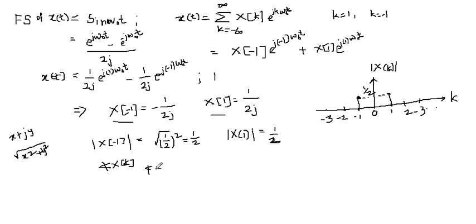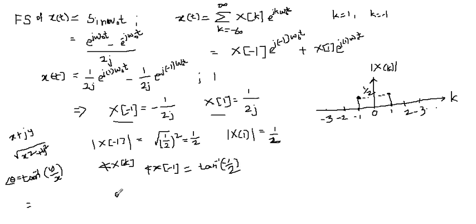Let's say we talk about X of minus 1. The angle of X of minus 1 can be written as tan inverse of, for x plus jy, theta is tan inverse of y by x. So it would be tan inverse of minus 1 by 2.